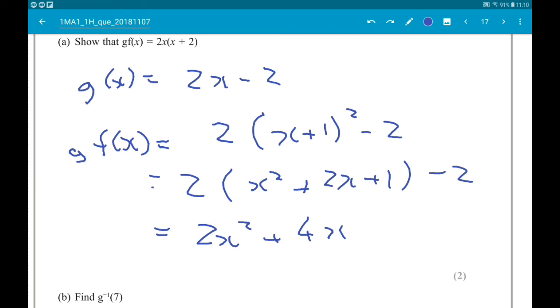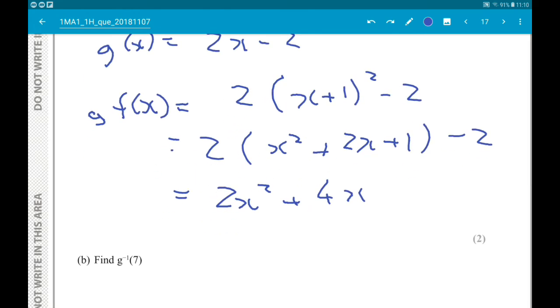Now then, this has a common factor of 2x. So if we factor that out, we have 2x. Now 2x squared divided by 2x is just x. And 4x divided by 2x is just 2.